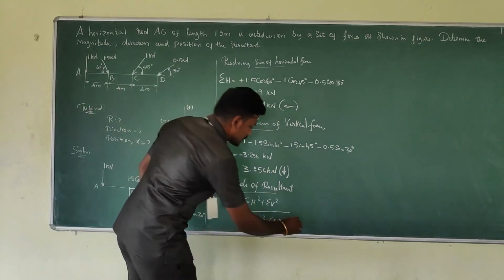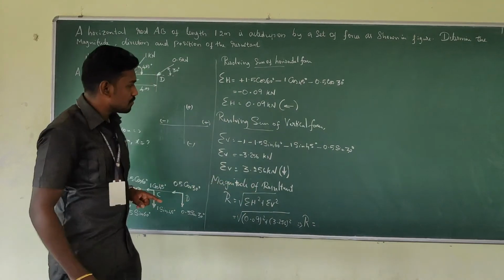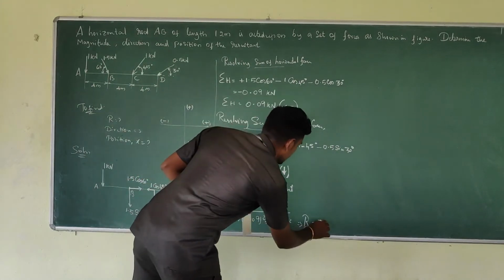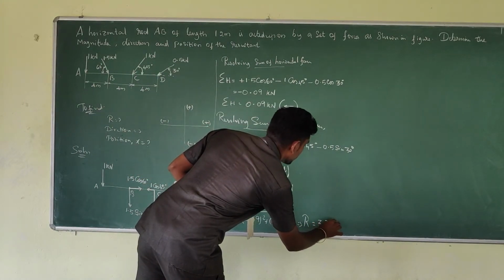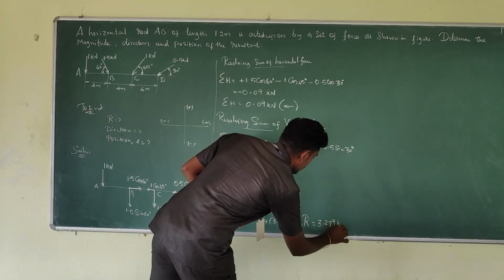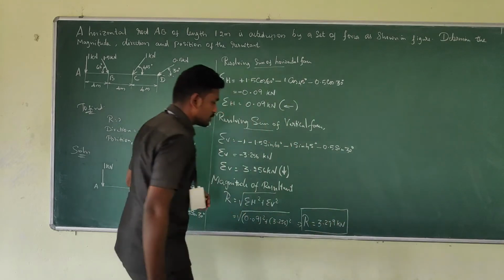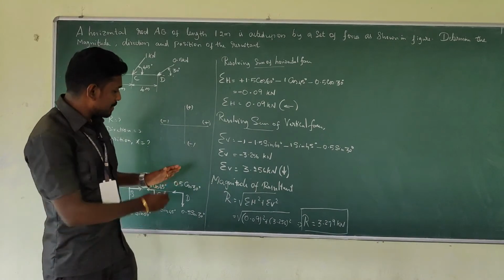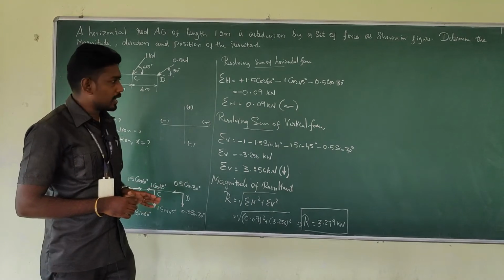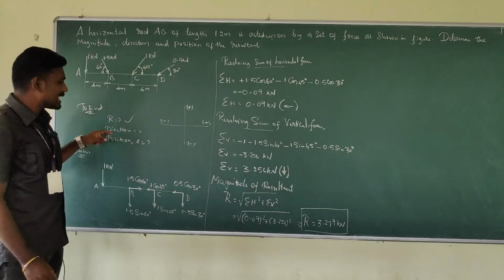Just simplify it. You will get the resultant value, roughly 3.279 kilonewton. This is the answer for resultant. Always the magnitude of resultant will be a positive one. Never will you get any negative sign. So the magnitude of resultant is done, direction we need to find.